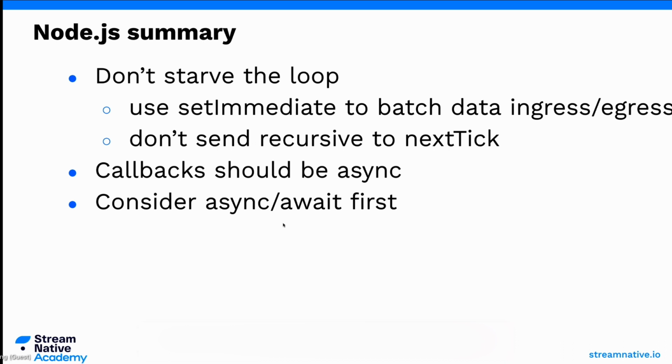So all the callbacks should be async, right? So consider async and await. This is the syntax sugar to wrap up all these different setImmediate, nested, all those things. This is very good syntax in Node.js to help you unblock your event loop.